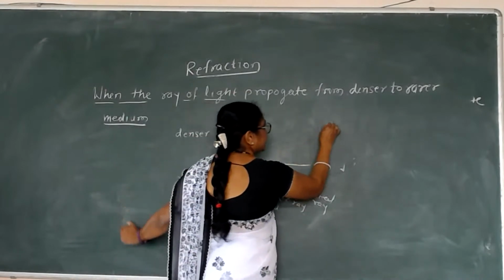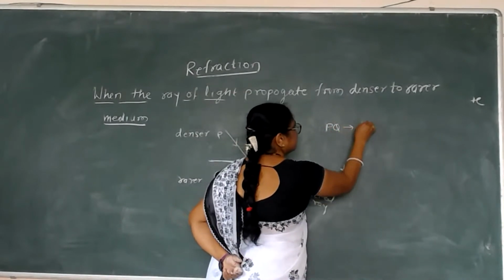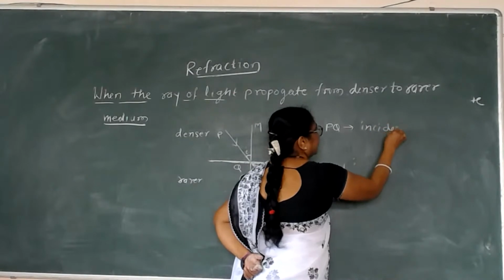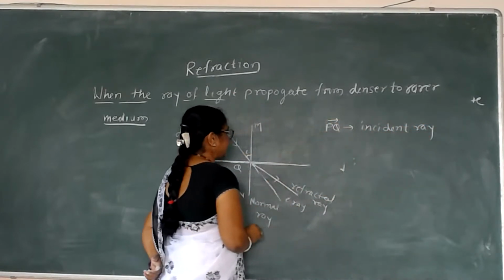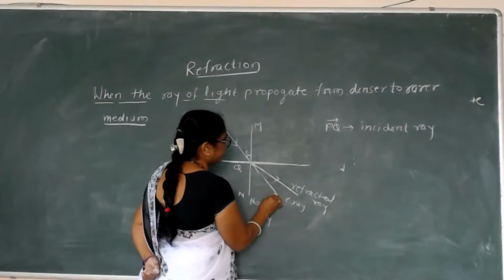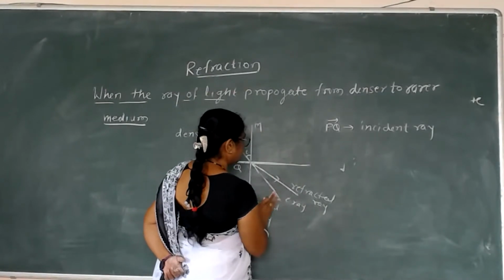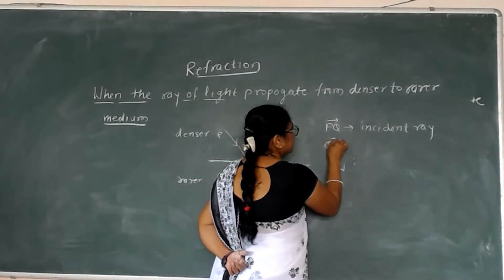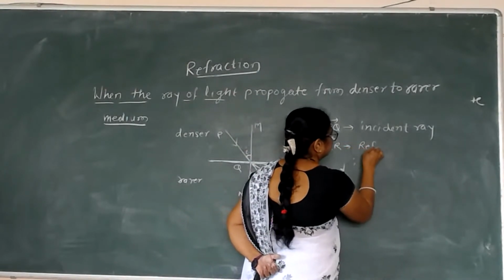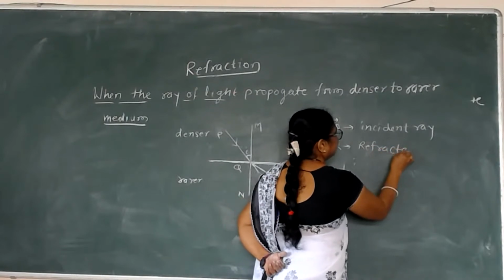So here PQ is known as the incident ray. QR is known as the refracted ray.